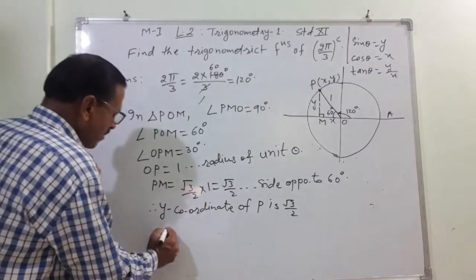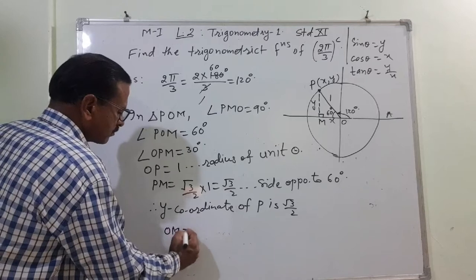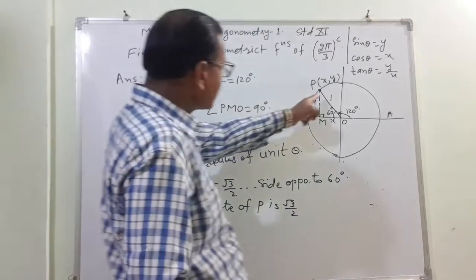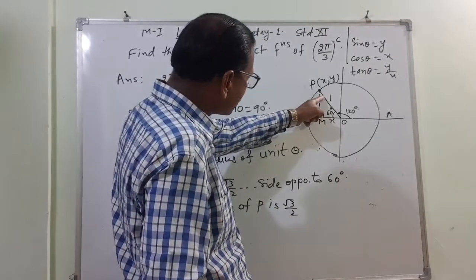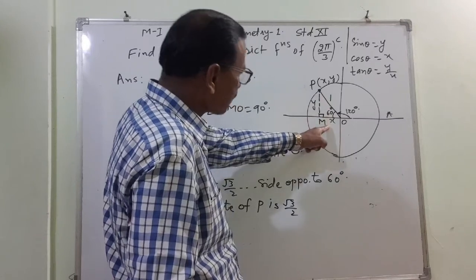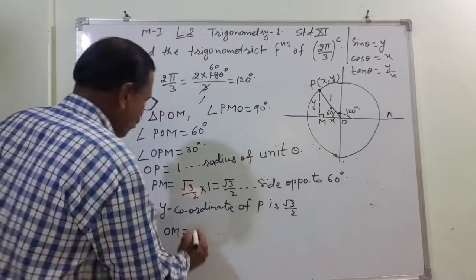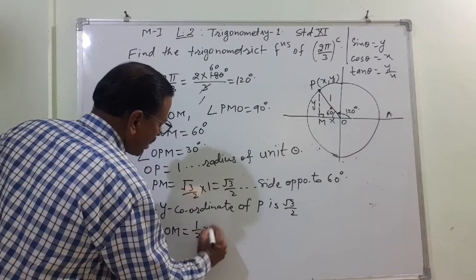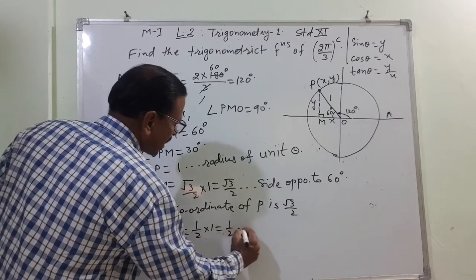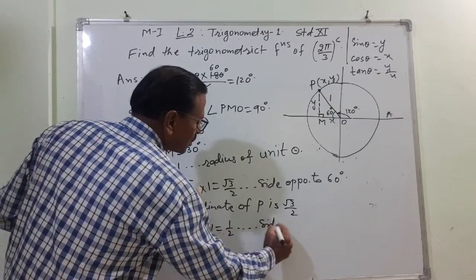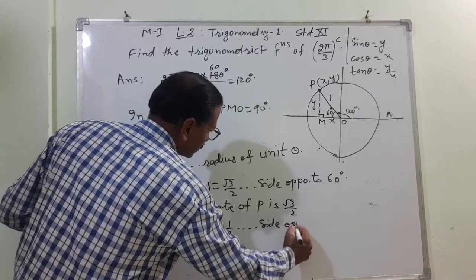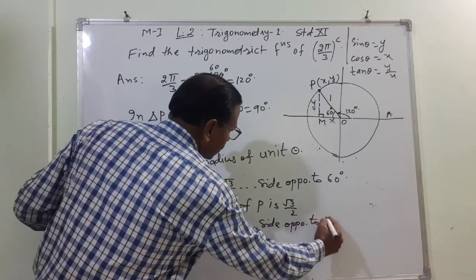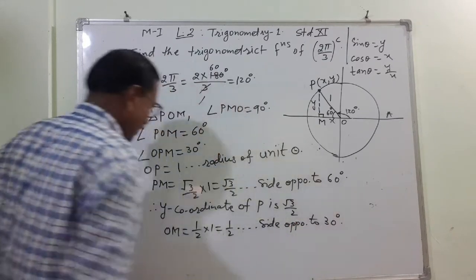So OM equal to, this angle is 30 degree. So side opposite to 30 degree is half the hypotenuse. So OM is equal to 1 upon 2 into 1. That is equal to 1 upon 2. And reason is side opposite to 30 degree.